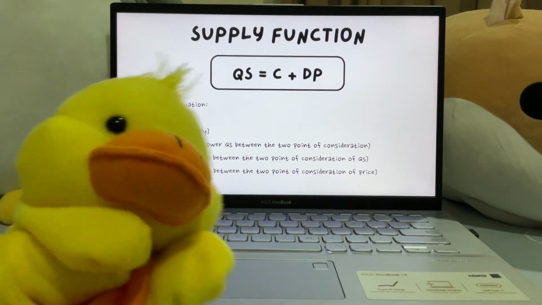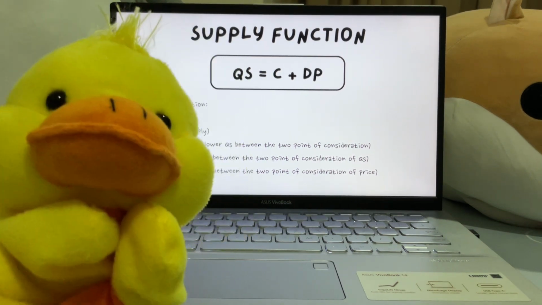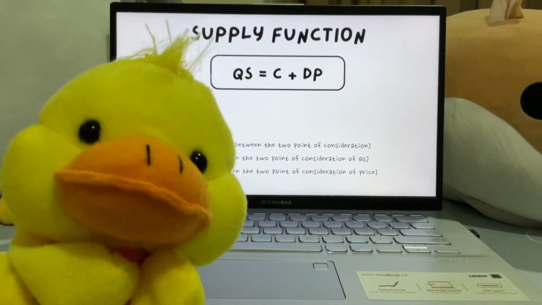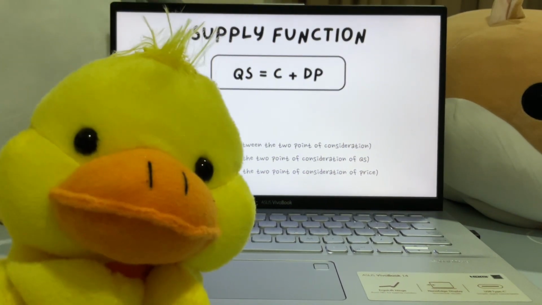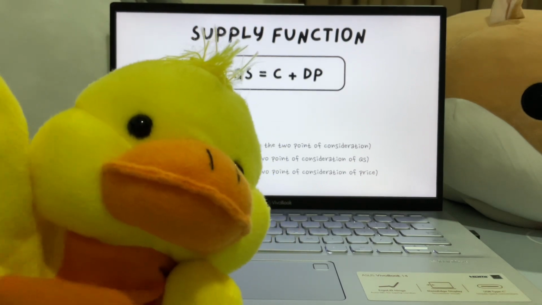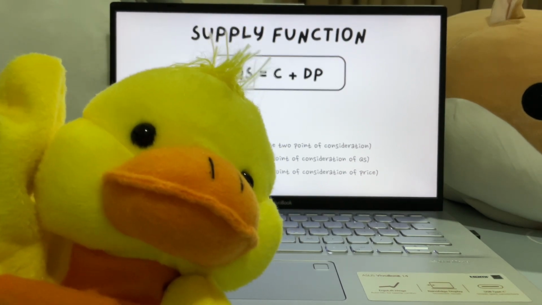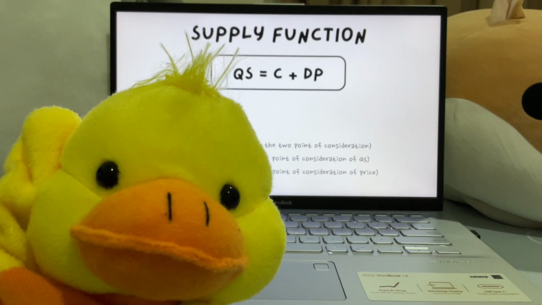QS stands for quantity supplied, C stands for the lower QS between the 2 points of consideration, D stands for the change between the 2 points of consideration of QS, and P equals the change between the 2 points of consideration for price.